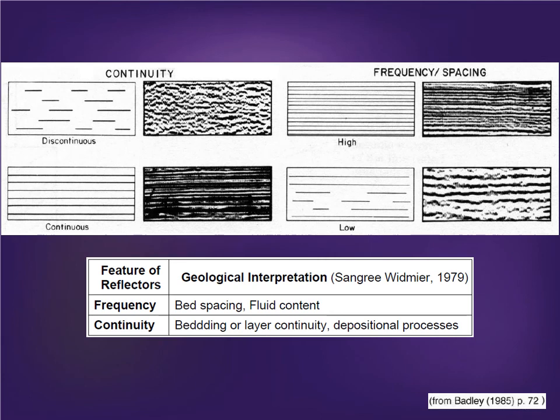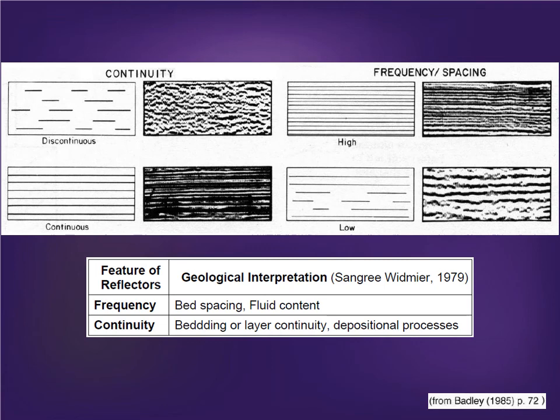Now the very simple information about the subsurface rocks that we get is the layer spacing, that is the distance between two successive layers. Here you can see that the distance between layers is moderate. Here the distance between two successive layers is more or less the same, but in the lower part the distance is a little high, and in this portion the distance between two layers is low.